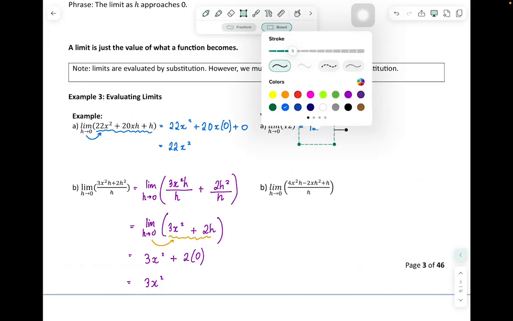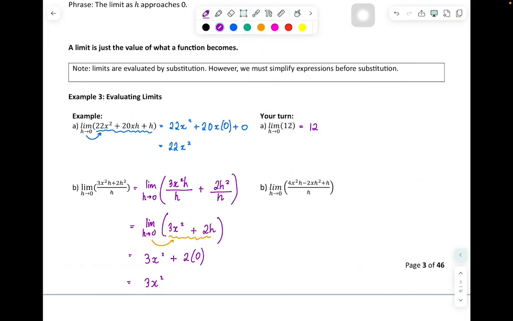Last but not least, we have one more example on this particular page. We can see a fraction again, therefore we must simplify the fraction. The limit still stays at the front.